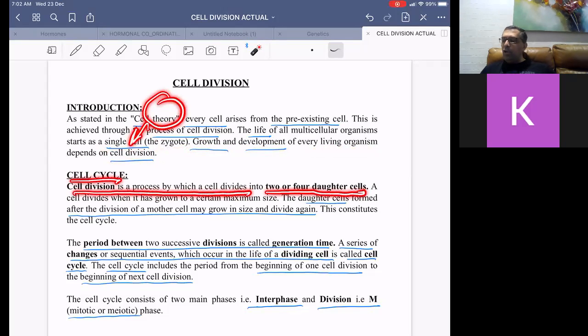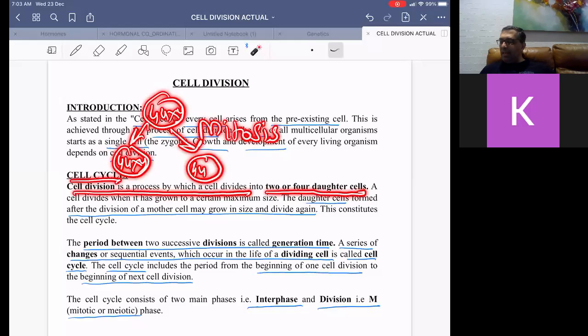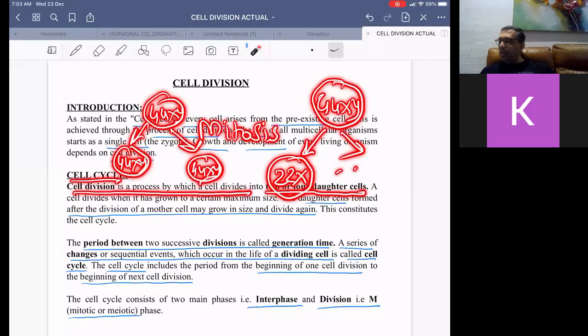If it is mitosis, mitosis takes place once, and say 44XY becomes 44XY and 44XY. So chromosome number remains the same and cell division takes place once. But in case of meiosis, if you remember, 44XY undergoes meiosis 1 to form 22X and 22Y, and that is called meiosis 1.